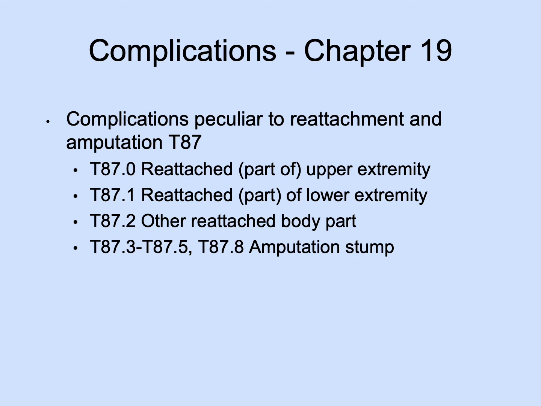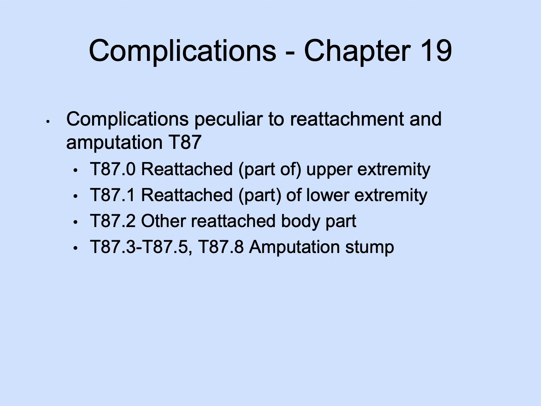Okay, so also in chapter 19, T87 category is complications peculiar to reattachment and amputation. It's interesting to me that they use the word peculiar to, which means concerning, but I don't know, I think it's weird that they use the word peculiar, but anyway, they do, so there you go.